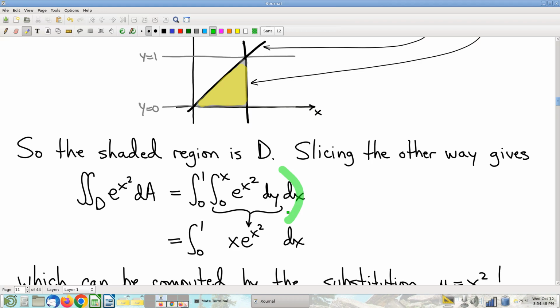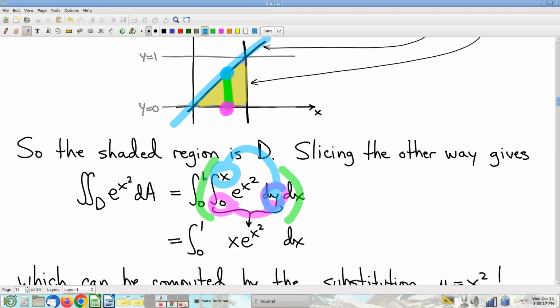Right, x goes from 0 to 1, and then for any given value of x, if I fix an x slice, then y starts there at y equals 0, and y ends there on that line where y equals x.